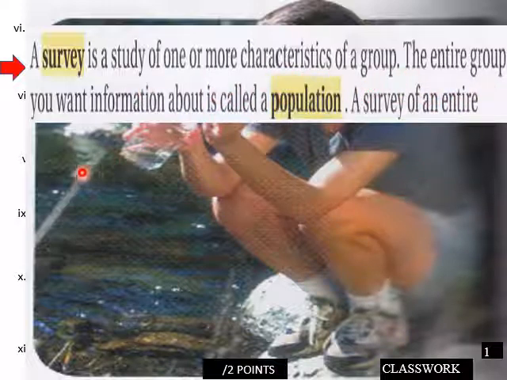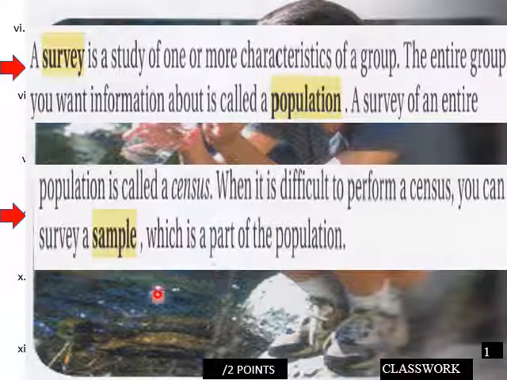The entire group you want information about is called a population. So here's some good terminology, vocabulary. A survey of an entire population is called a census. When it is difficult to perform a census, you can survey a sample, which is a part of a population.